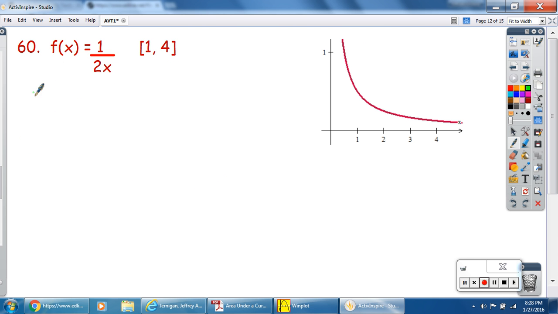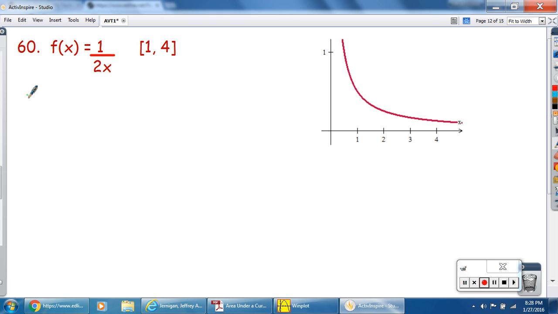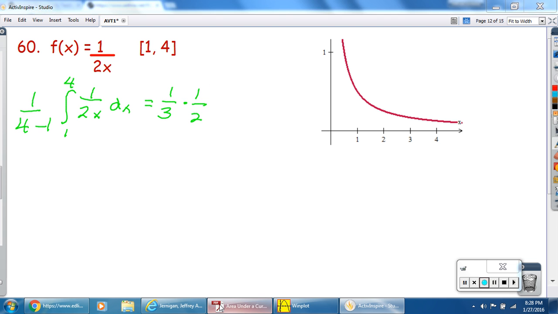Number 60, 1 over 2x. So the average value formula is 1 over b minus a of the integral from a to b of the integrand dx. 1 over 4 minus 1 is 1/3. I'm going to use my properties of integrals to pull out the 1/2. And we're going to go from 1 to 4 of 1 over x dx.